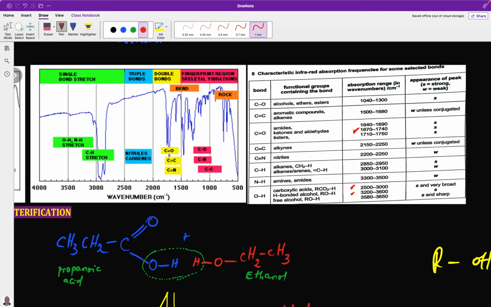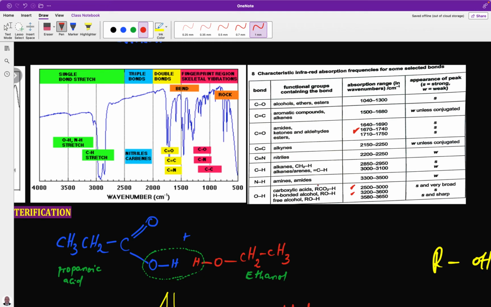But in the acid, in propanoic acid, we will have this peak. The peak is present in propanoic acid, but in propan-1-ol the peak will be absent because propan-1-ol does not have the carbonyl group.